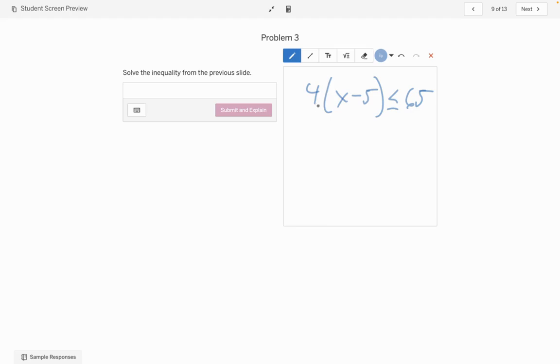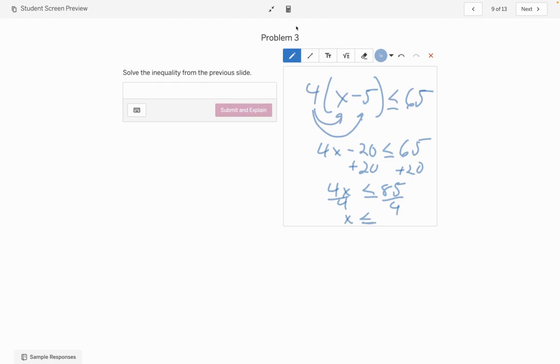I'm going to distribute, so I'm going to multiply each of those pieces by 4, giving me 4x minus 20 is less than or equal to 65. I'm going to add 20 to both sides, giving me 4x is less than or equal to 85. I'm going to divide both sides by 4, leaving me with x.